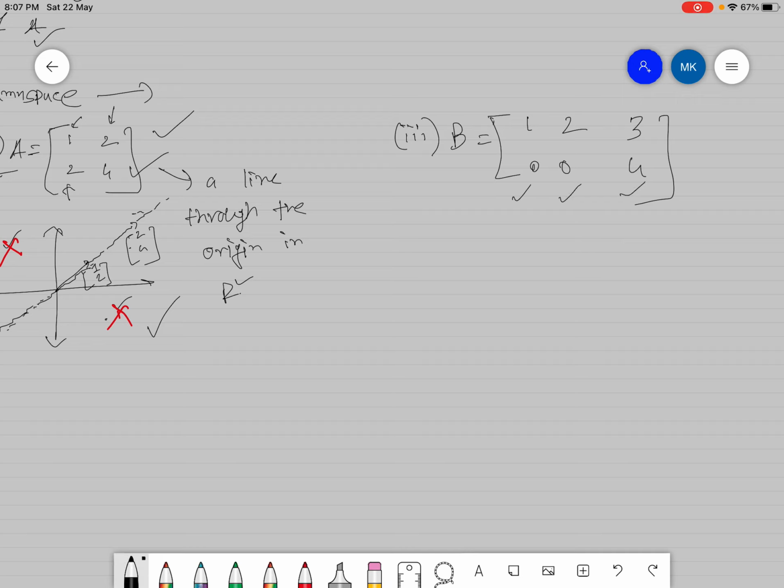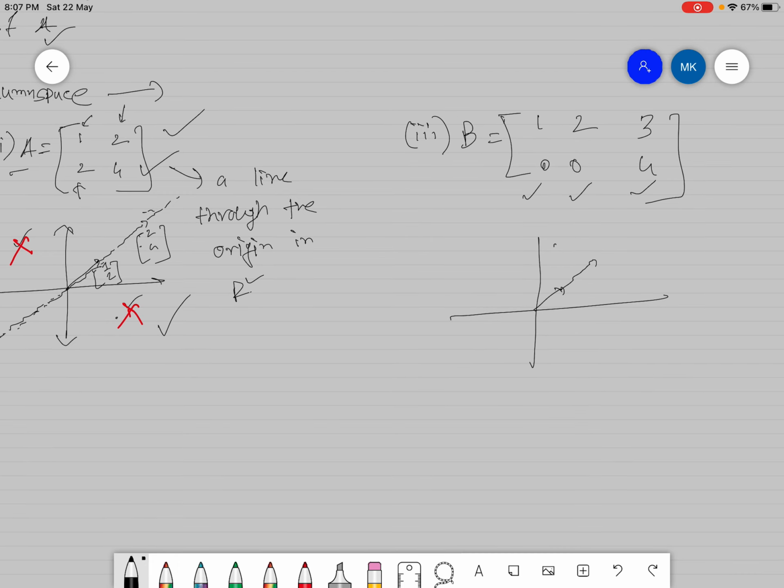you can reach any point, because this is 1 0, this is 2 0, and maybe this is 3 4. So you can reach any point by taking all the linear combinations with the help of these 3 columns.